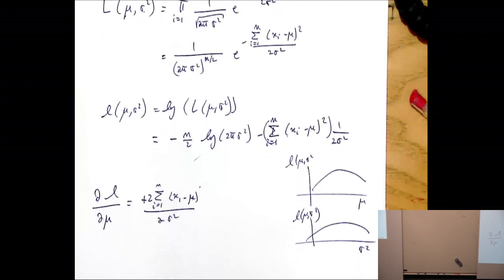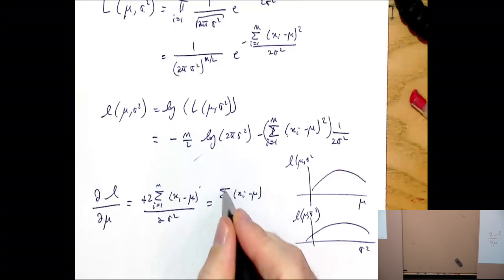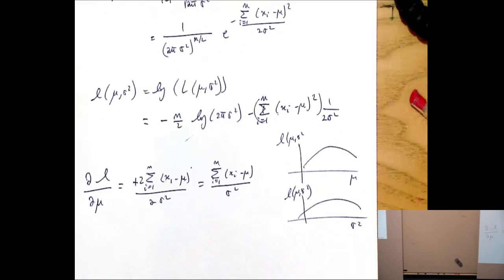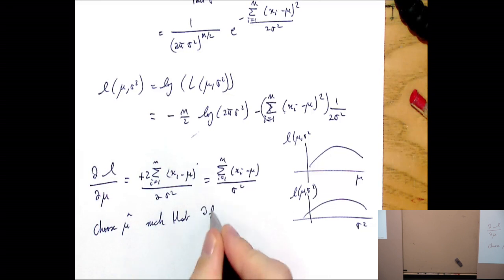The 2 cancels, and I have a sum of (xi minus mu) from 1 to n divided by sigma square. And now I want to choose mu such that this derivative is equal to 0.